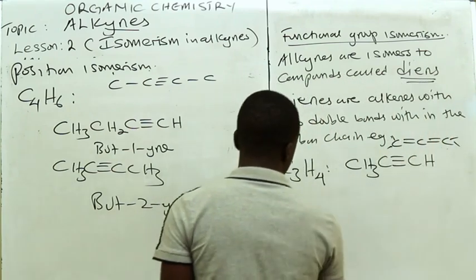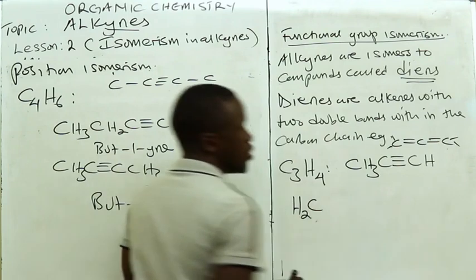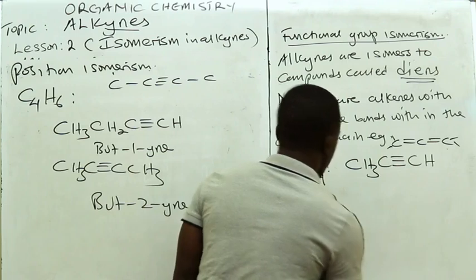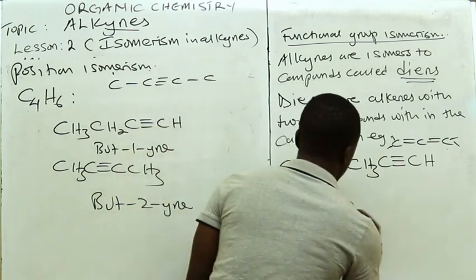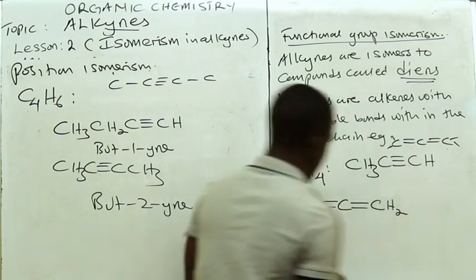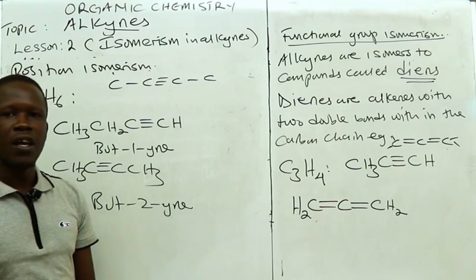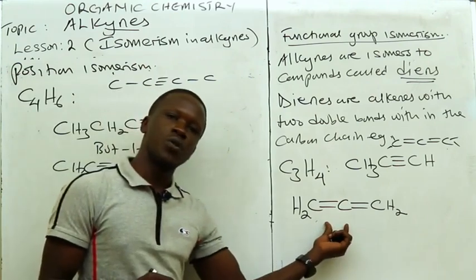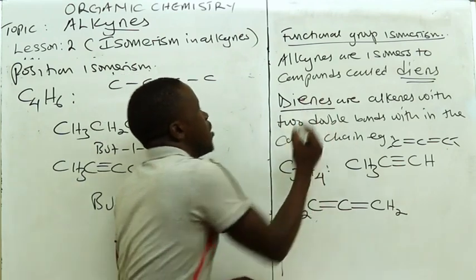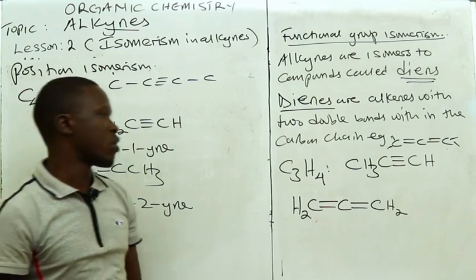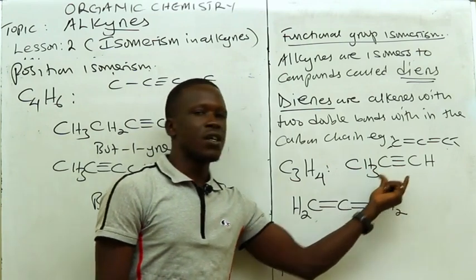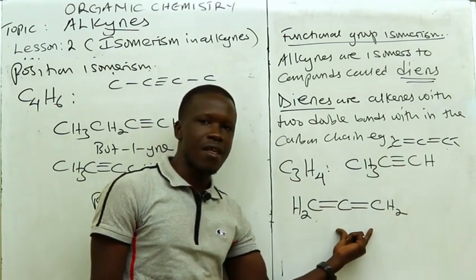The formula is now going to be H2C double bond C double bond CH2. Now this compound here is an alkene with 2 double bonds, what we call a diene, but is sharing the same molecular formula with an alkyne. And so an alkyne is isomeric to a diene.